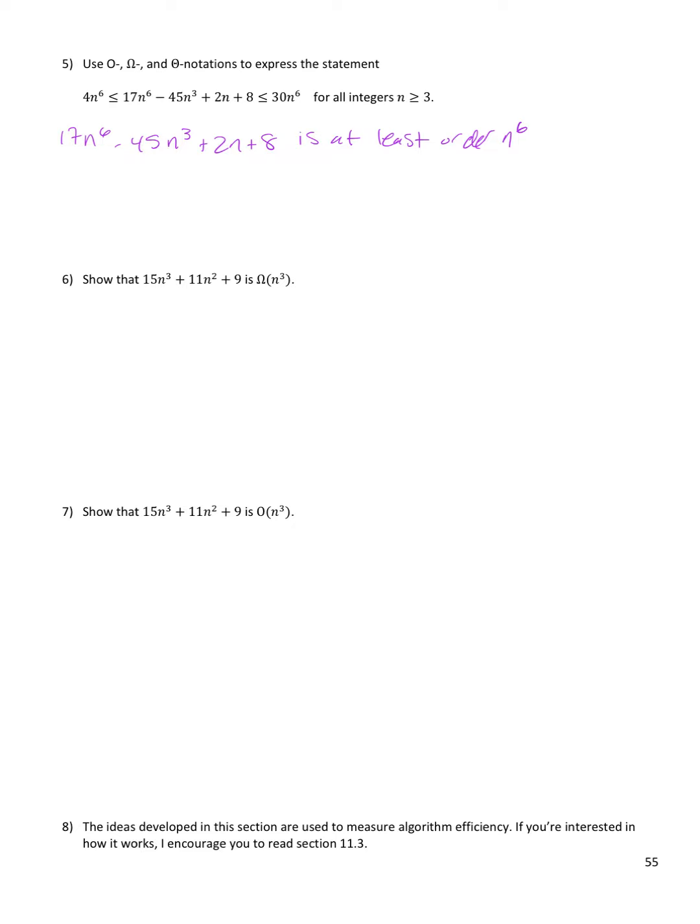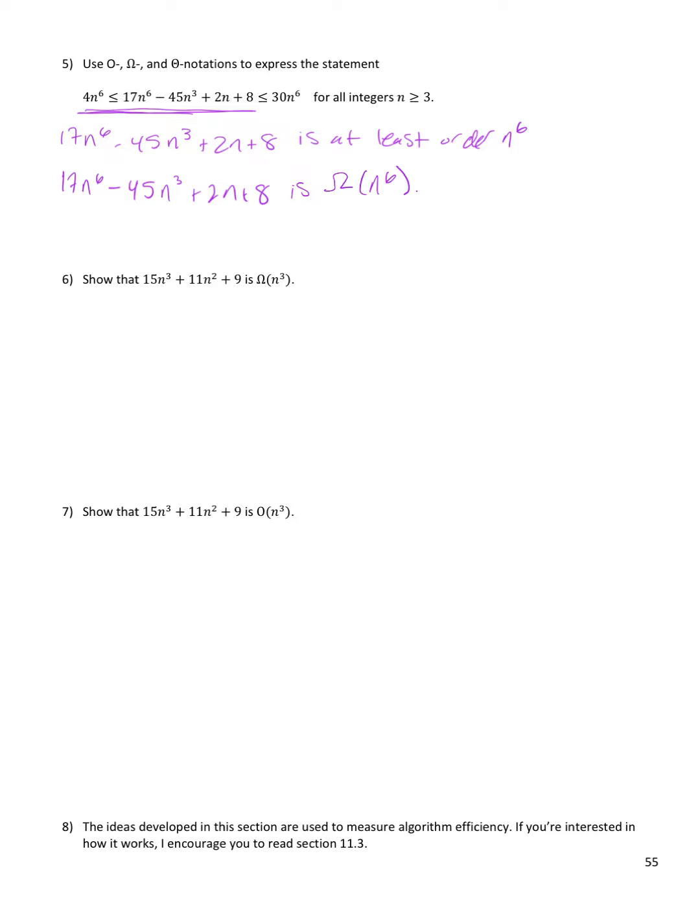Okay, so this inequality says that. And the notation is that 17n to the 6th minus 45n cubed plus 2n plus 8 is omega of n to the sixth.